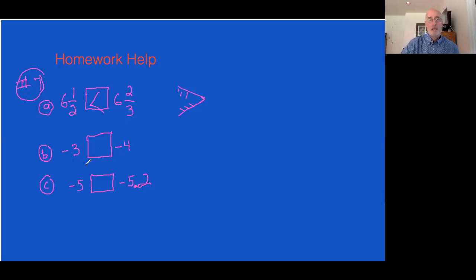But how about letter B here? -3 and -4. Which one is greater? They kind of wanted you to think about this like on a number line. So if I had my numbers here, and I had -1, 2, and 3, and 4, okay? Which is greater, -3 or -4?